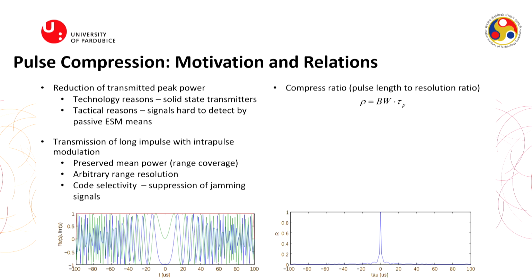It is also clear. And now, what is pulse compression? Pulse compression is that I want to take the same energy which is in a rectangular pulse and put it into another pulse that has a much narrower main lobe.